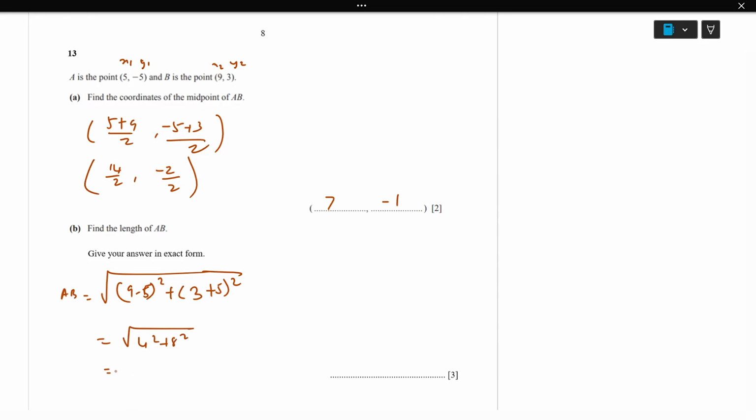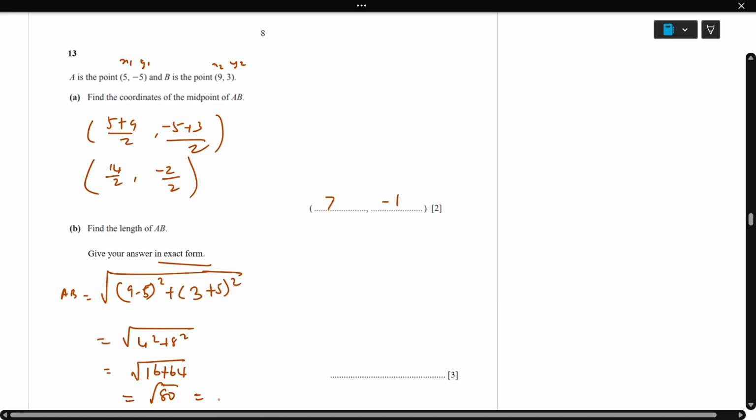So the answer is the square root of 16 plus 64, so the square root of 80. They said give your answer in exact form, so we have to leave it as a surd. The square root of 80 we can write as the square root of 16 times 5, which is 4 root 5. So the answer is 4 root 5.